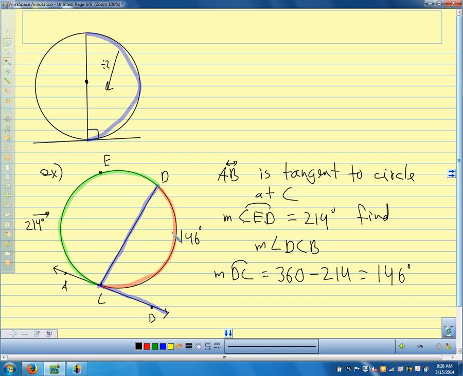To go from the arc to the angle, we do what? Divide by 2. So the measure of angle DCB is 146 divided by 2, and we get 73 degrees. So a couple of steps and we have our answer.